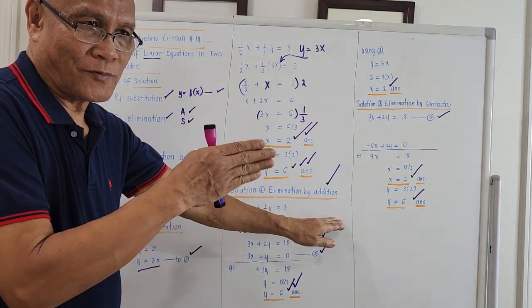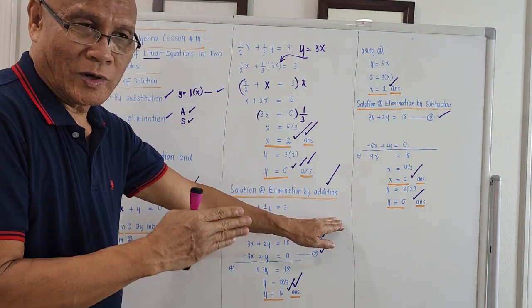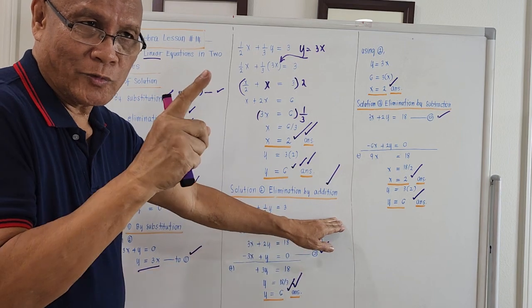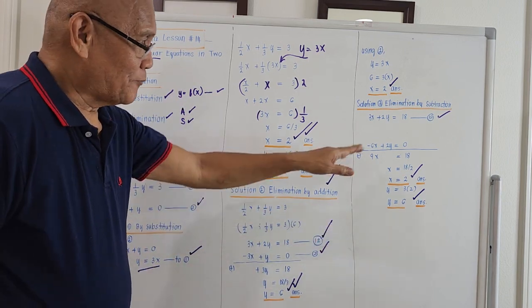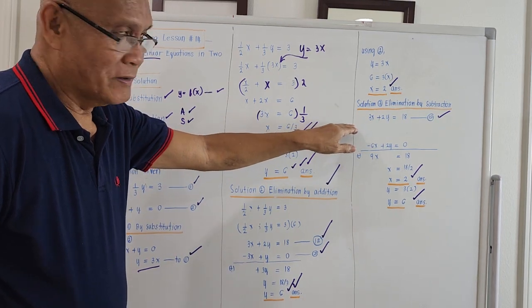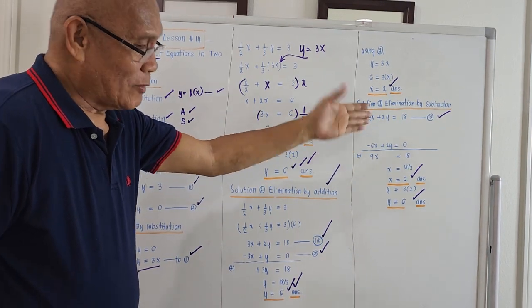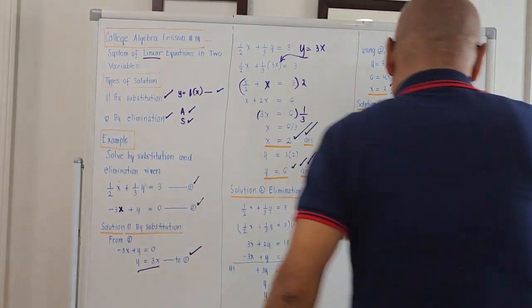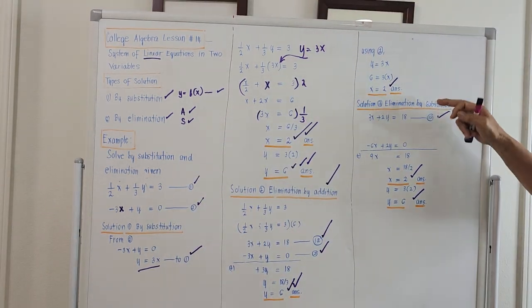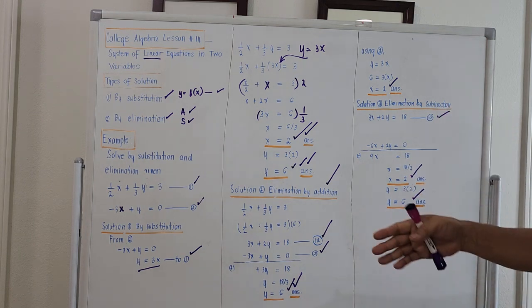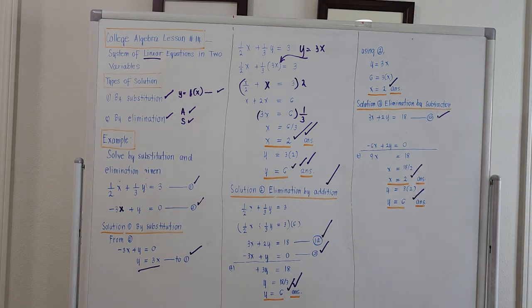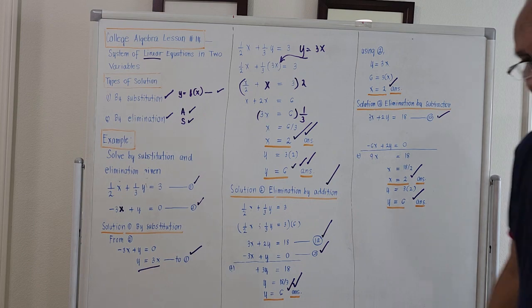If we try to perform operation addition, we'll eliminate the other one and we will compute for the other variable. And for solution number 3, we will perform the operation subtraction, and by subtracting the resulting equations, we will eliminate the other one and we will compute for the other variable. Okay, that's it.